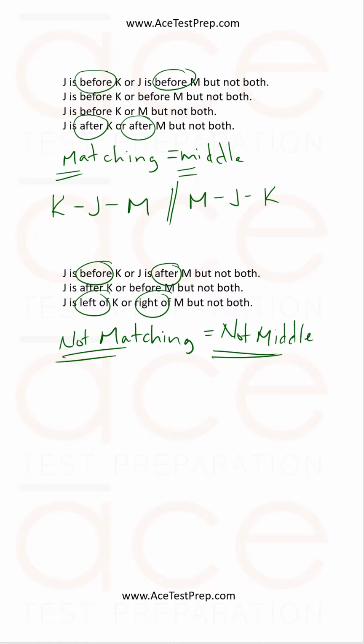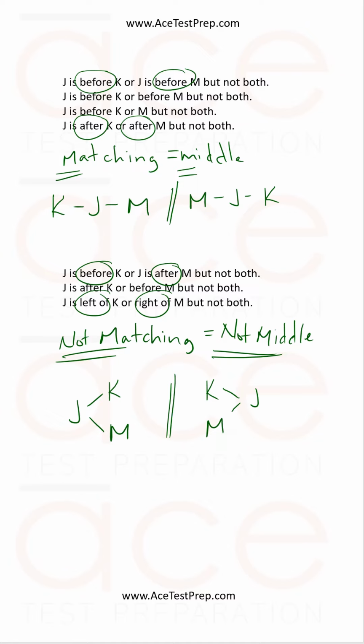So the pattern here is that in any of these cases, J would come before both of K and M, or J would be after both of K and M. Those would be our 2 patterns, and that's going to happen anytime the words don't match.